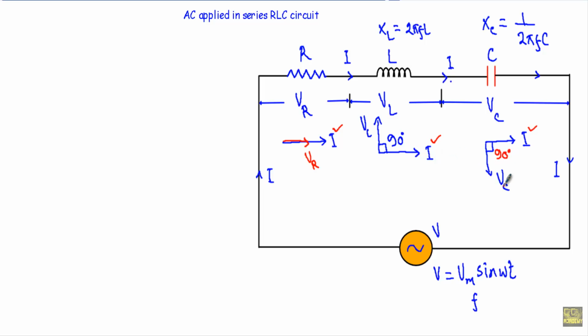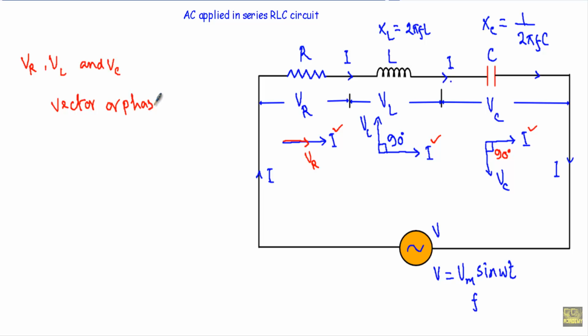That means VL and VC are going in opposite directions. Therefore we cannot take the algebraic sum of VR, VL and VC, as they have created different angles with respect to the reference phasor. Therefore we will take the vector sum of the voltages, or phasor sum.